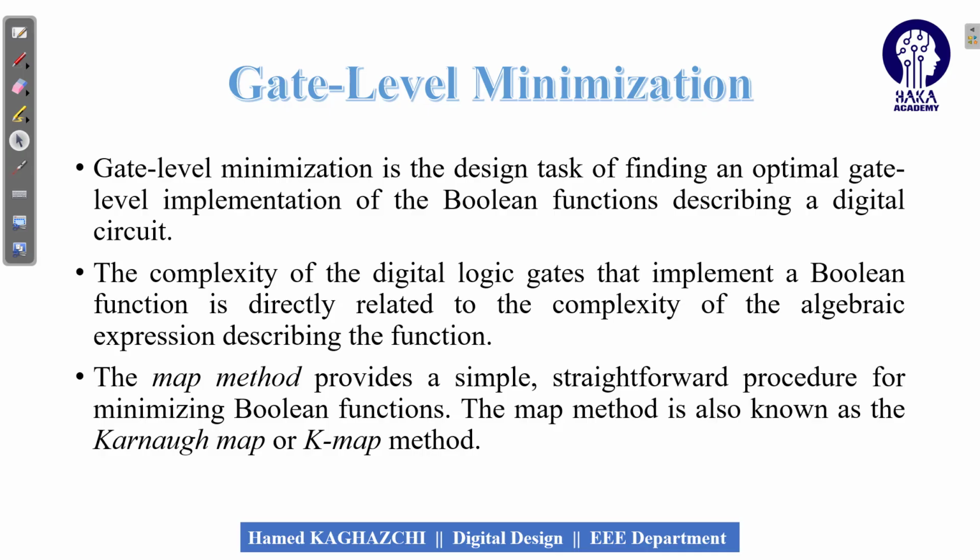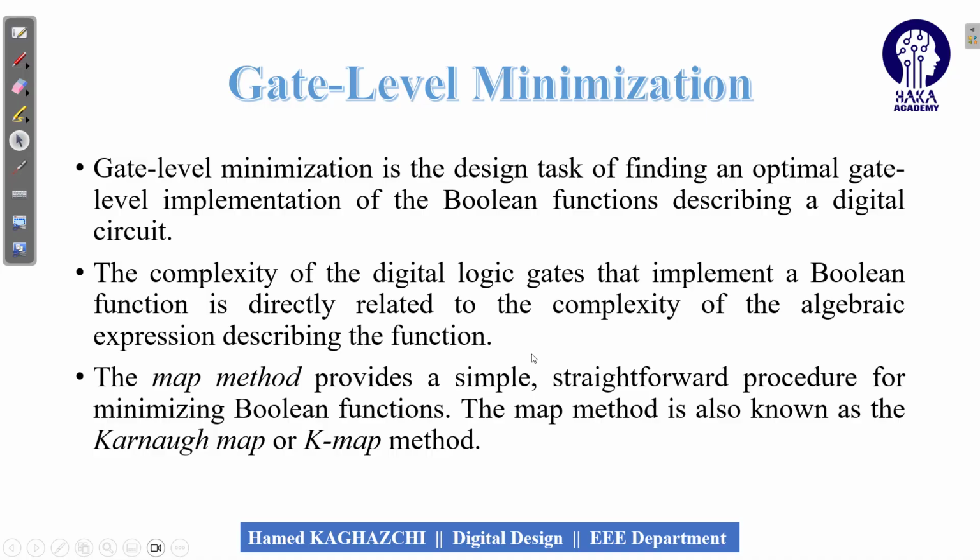And we saw that using the postulates and theorems, we can simplify it. But we saw that this method is too difficult. Sometimes it's difficult for us to find the simplest one. Today, I want to show you how, using the Karnaugh map, we can easily do it.